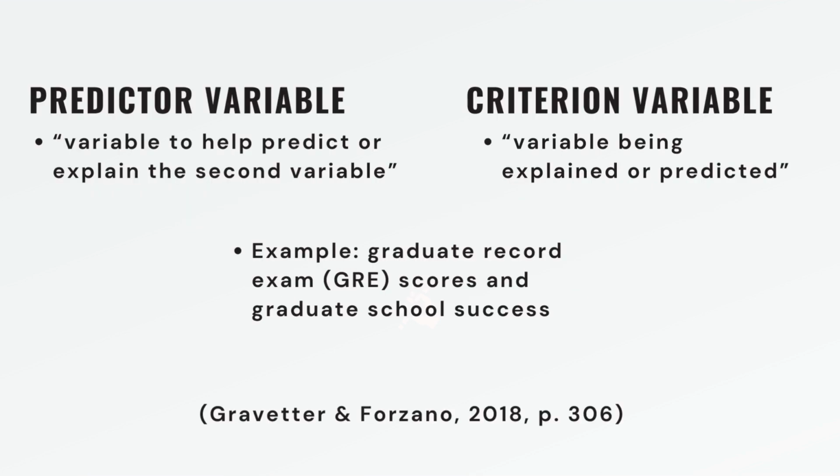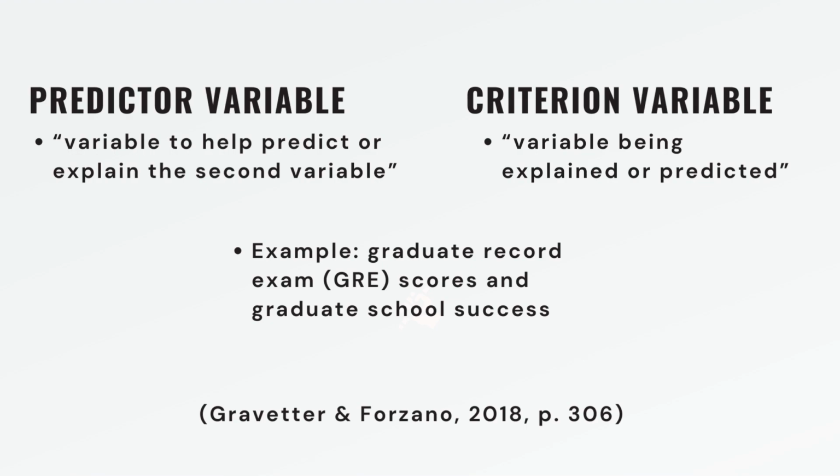According to Gravetter and Forzano, when a correlational study demonstrates a relationship between two variables, it allows researchers to use knowledge about one variable to help predict or explain the second variable. In this situation, the first variable is called the predictor variable, and the second variable being explained or predicted is called the criterion variable.